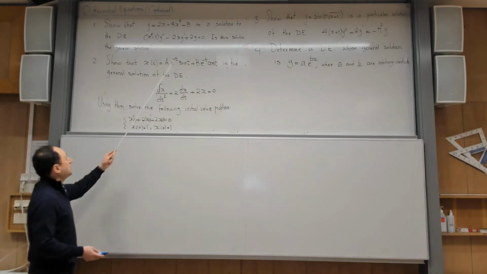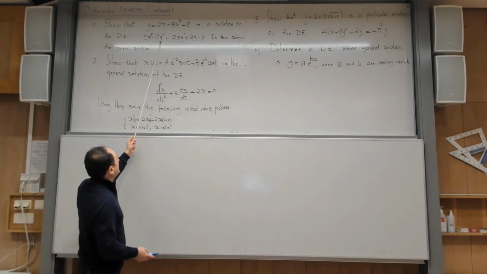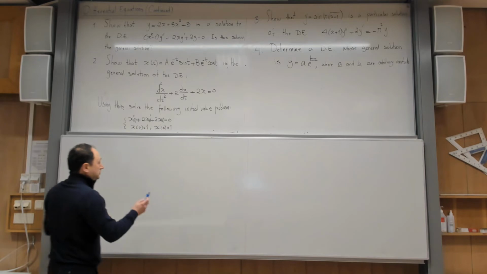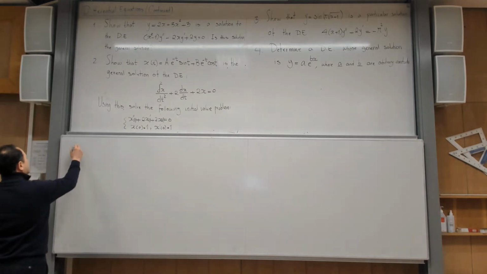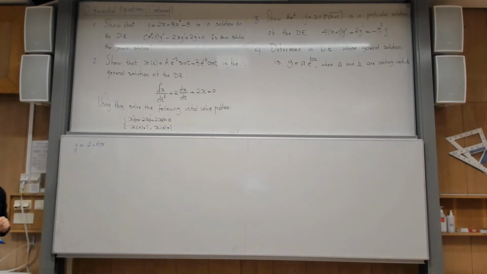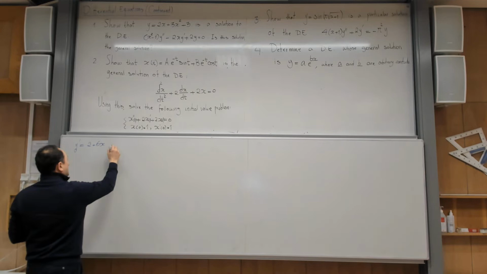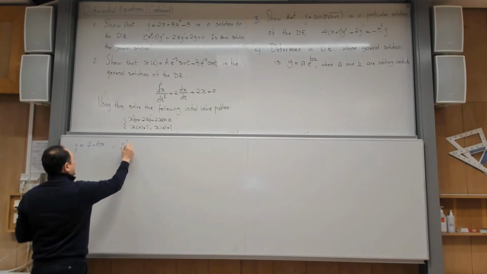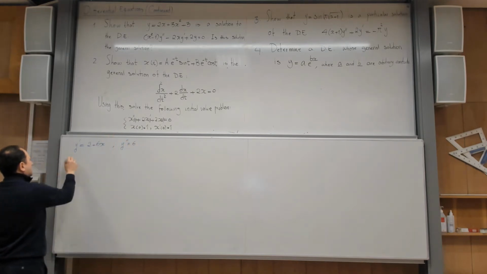If you see, I have the first derivative of y and the second derivative of y, so it motivates me to calculate the first derivative, which is 2 plus 6x. And then y double prime is very simple, 6. So I start from the left-hand side.